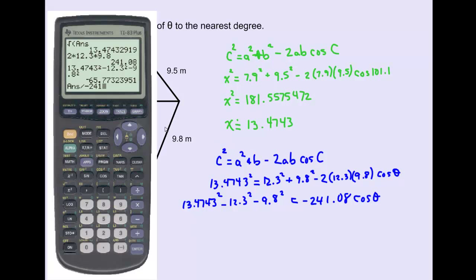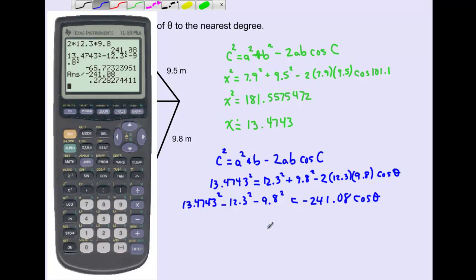Oops, I don't think that'll work actually. Let's divide by negative, there we go, that's better, 241.08. And so we get 0.2728274411. Okay, so let's write that out. Cosine theta is equal to 0.272827 and so on.